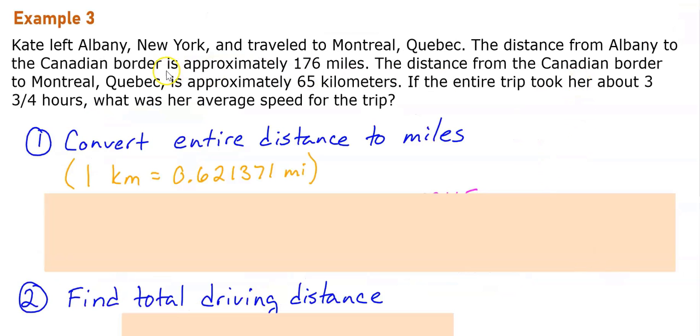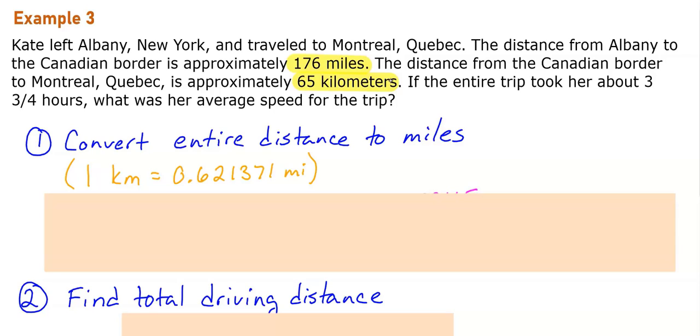Okay, so for example 3, Kate left Albany, New York and traveled to Montreal, Quebec. The distance from Albany to the Canadian border is approximately 176 miles. The distance from the Canadian border to Montreal, Quebec is approximately 65 kilometers. So when we look at that, you notice that part of the distance is in miles and part of the distance is in kilometers.